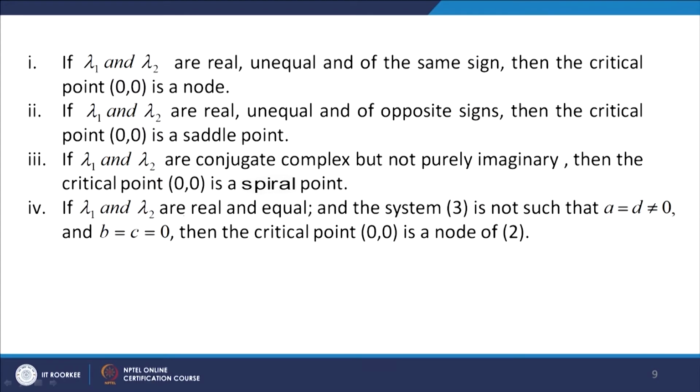There were two possibilities for real and equal roots: one was a equal to d not equal to 0 and b equal to c equal to 0, and the other covered all other possibilities which lead to equal real roots. So here, if lambda 1 and lambda 2 are real and equal and the associated linear system is not such that a equal to d not equal to 0 and b equal to c equal to 0, then the critical point (0,0) is a node of the non-linear system.